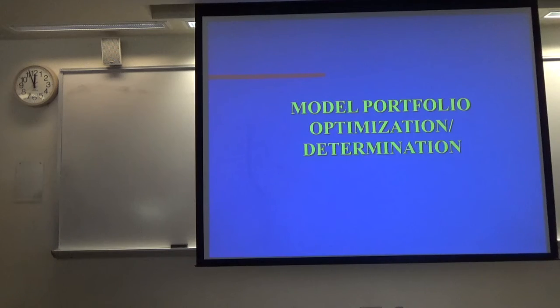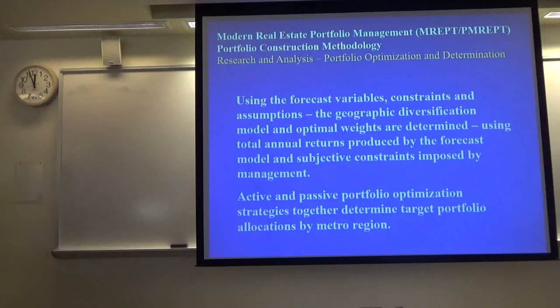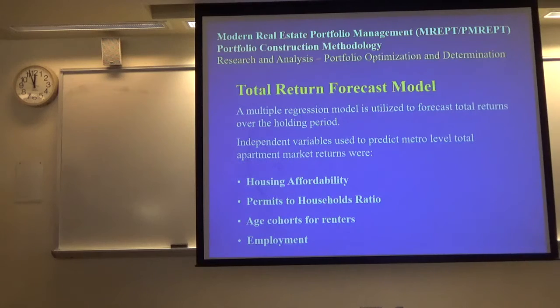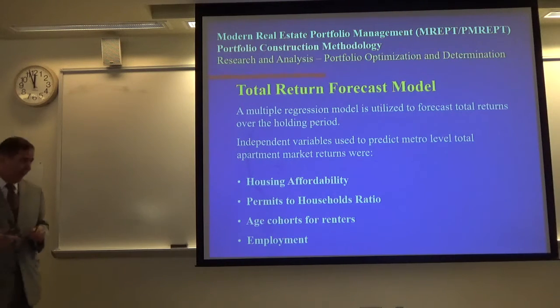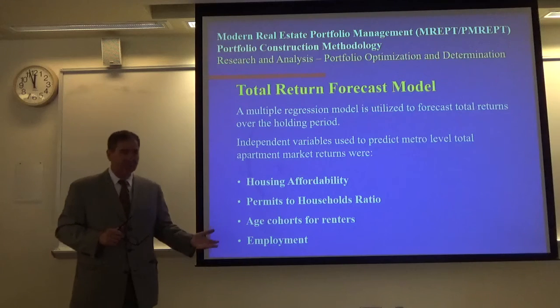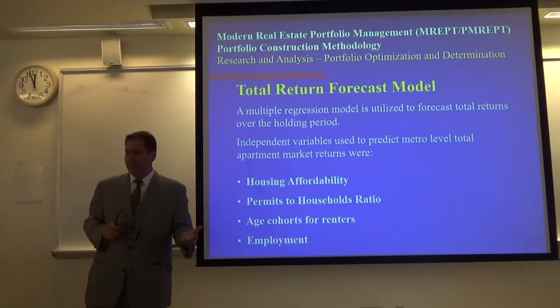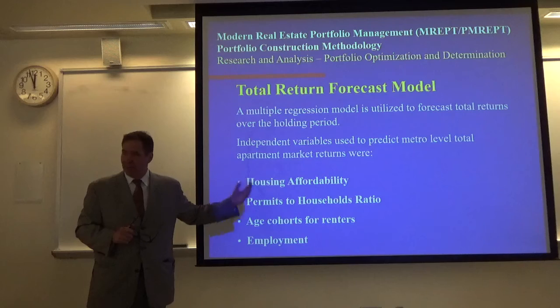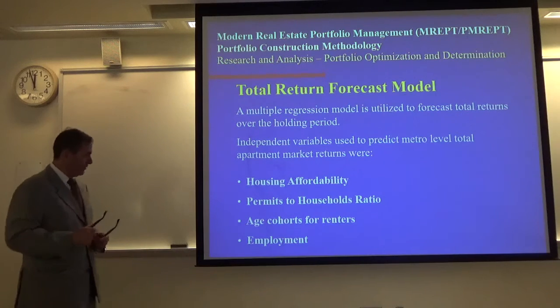So what we needed to do was create a forecast model to forecast expected returns for the individual metro markets. The first was a multi-factor model. These are macro factors, so this could be considered an arbitrage pricing theory type of model, mostly macro factors that drive these things.